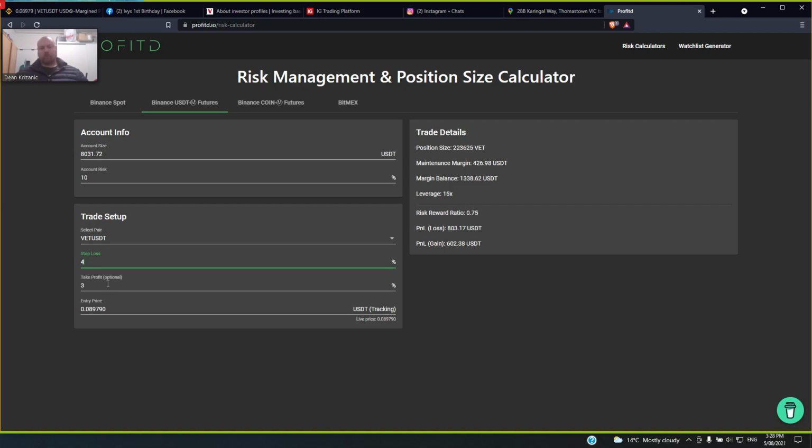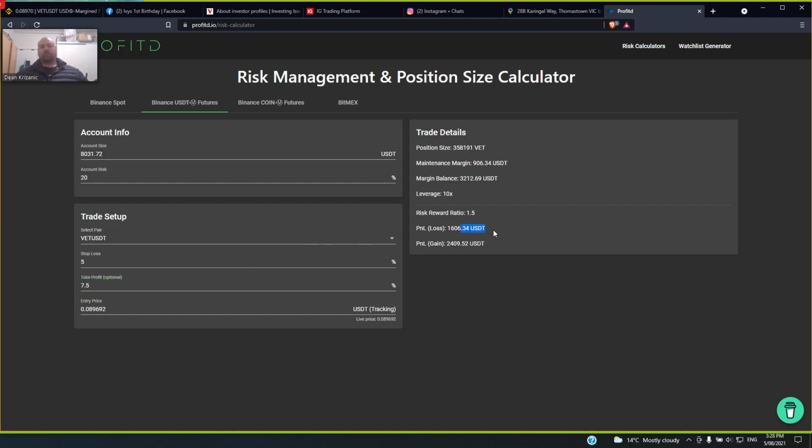Maybe he does a 4% stop loss to 6. So 4 to 6. You know what I mean? So you still get that same return, but you're just allowing the stop loss to breathe more. The bigger it is, maybe 5% and 7.5.